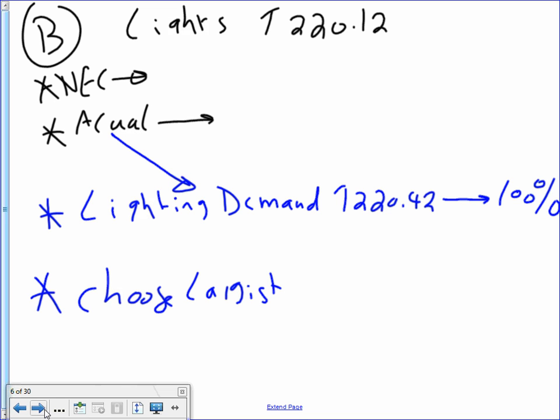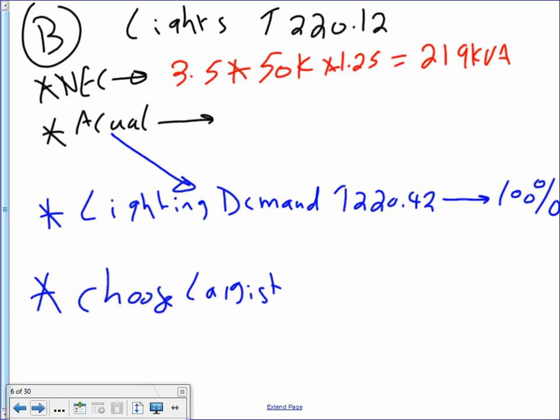So we're going to be using for this one 3.5 multiplied by 50K because that's the square foot of this building. And don't forget to multiply it by 1.25, and that will get you the continuous load, which is 219 kVA. That's your continuous load.